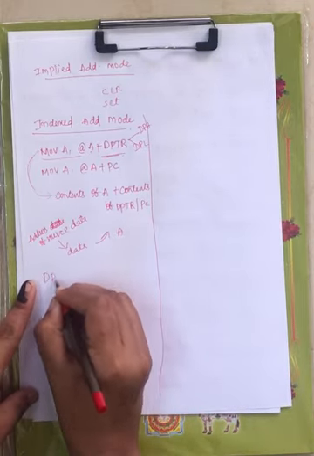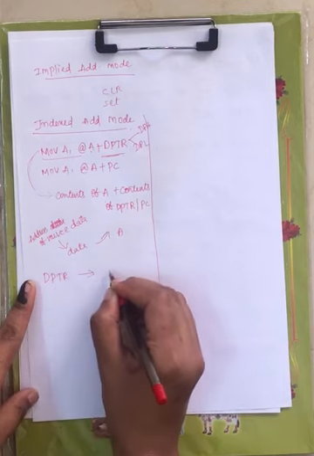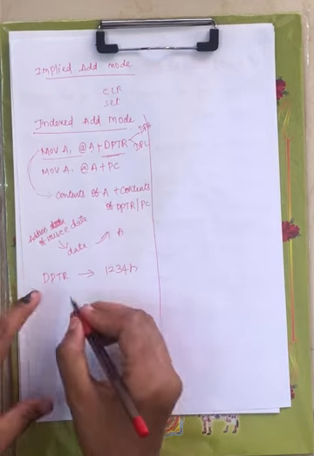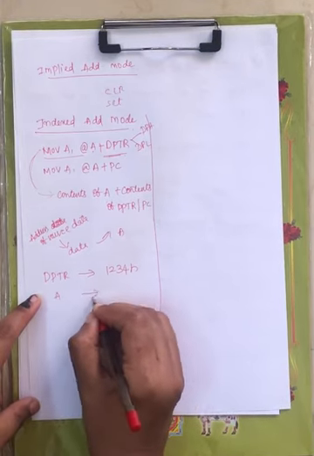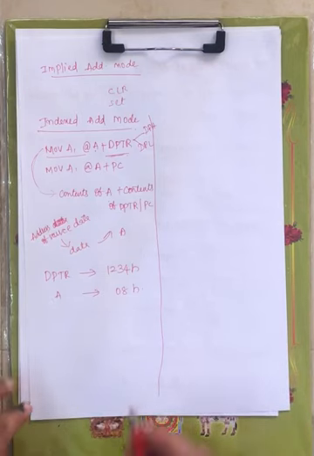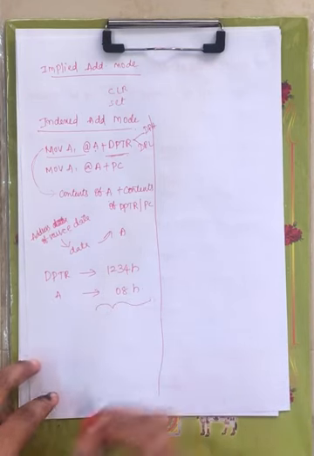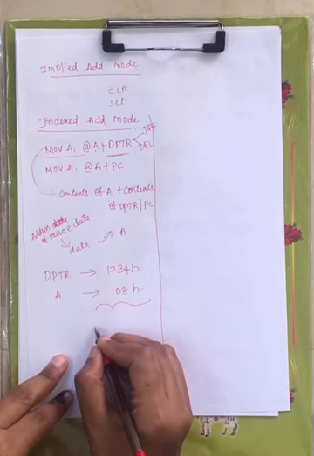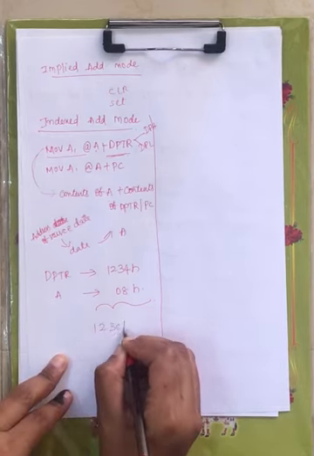DPTR is storing 1234H, let us assume, and the contents of A are 08H. After adding these two you will get some data. What is 8 plus 4? 12. 12 in hexadecimal is nothing but C, so you get 123CH.